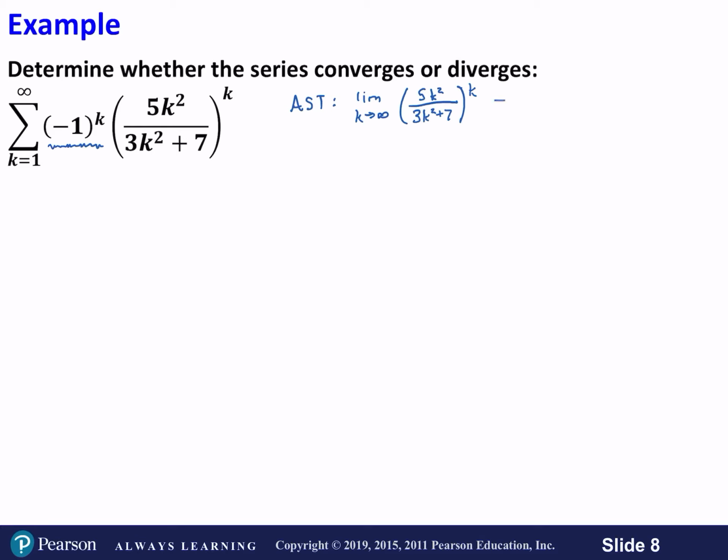And that can be done, but I think it's fairly challenging, and so perhaps you don't want to try that. So instead of the alternating series test, let's try and think of another idea. One thing that you might notice is that everything here is raised to the k power. So let's consider using the root test.